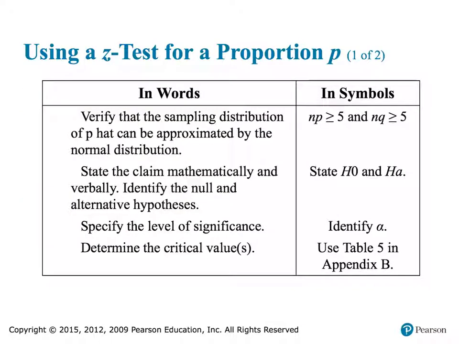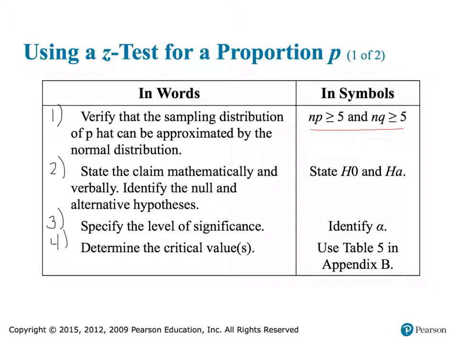So our steps in a hypothesis test for a proportion are first to verify that the sampling distribution of p hat can be approximated by the normal distribution. And that's where we check to be sure that n is large. Are n times p and n times q both at least 5? Second, of course, is where we're going to state our null and alternative. Third, we need to identify the level of significance alpha that's given to us.